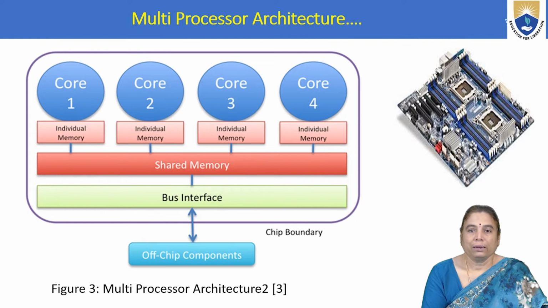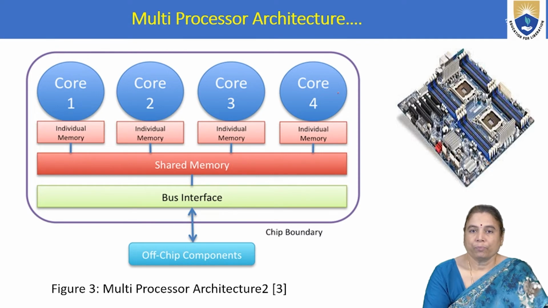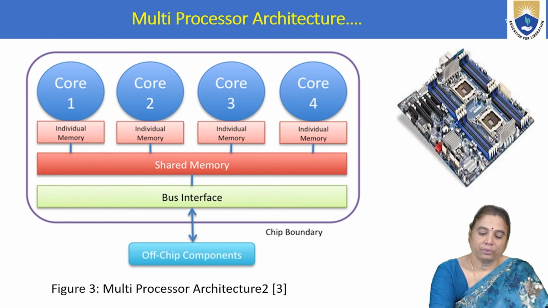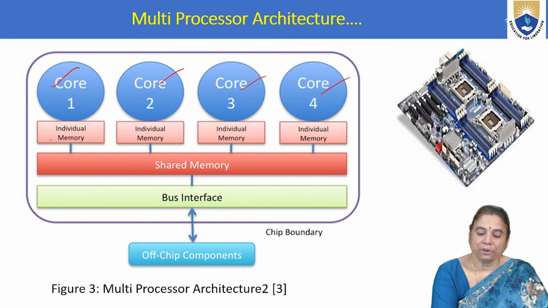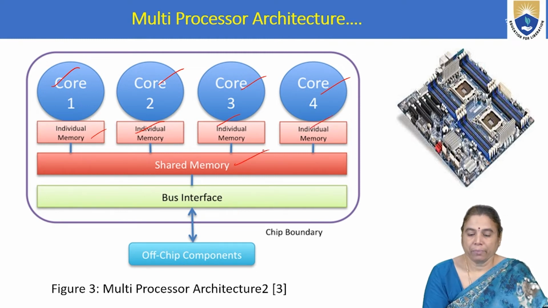So how can the multiprocessor architecture be? Here, consider that 4 CPUs are employed in this architecture: core 1, core 2, core 3, core 4. These cores can have individual separate memory for each CPU and can share a common memory, that is the shared memory.